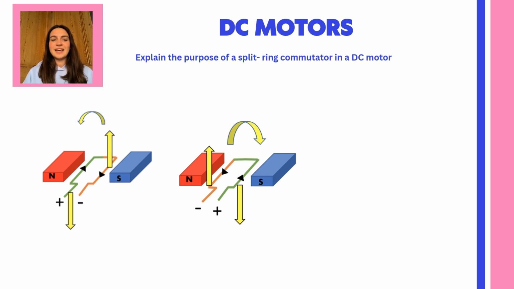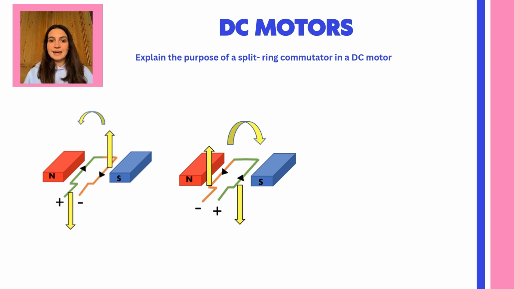And as you can see here, what that does is mean you still have a force down on your green side of the wire, and you still have a force up on the orange side of the wire. But that is going to try and turn the motor back clockwise.